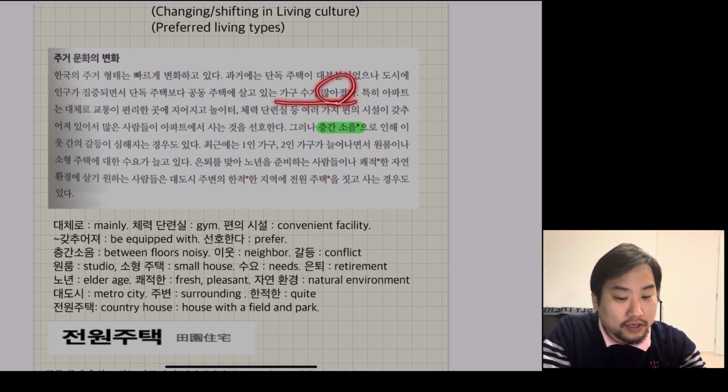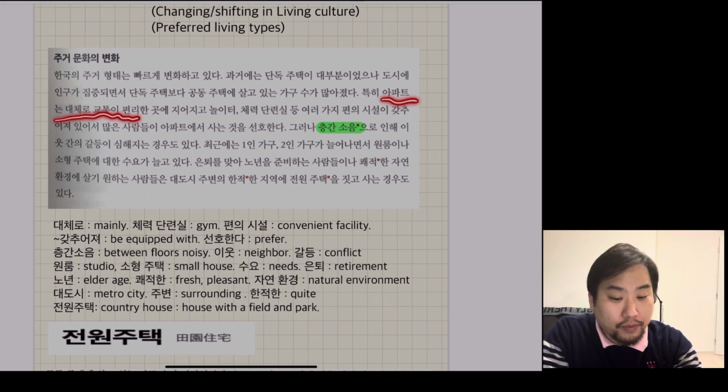가구 수가 많아졌다. 특히 especially 아파트는 대체로 교통이 편리한 곳에 지어지고, so apartments are usually built in the convenient traffic, good traffic area.